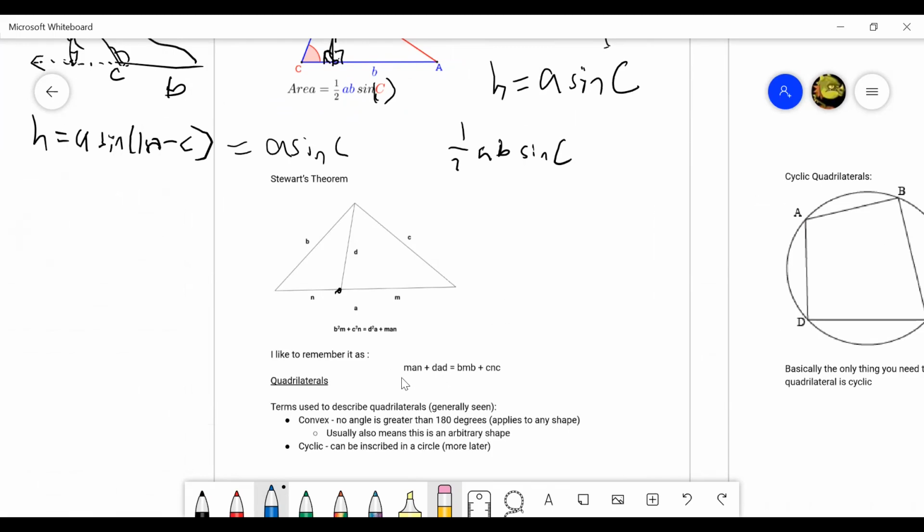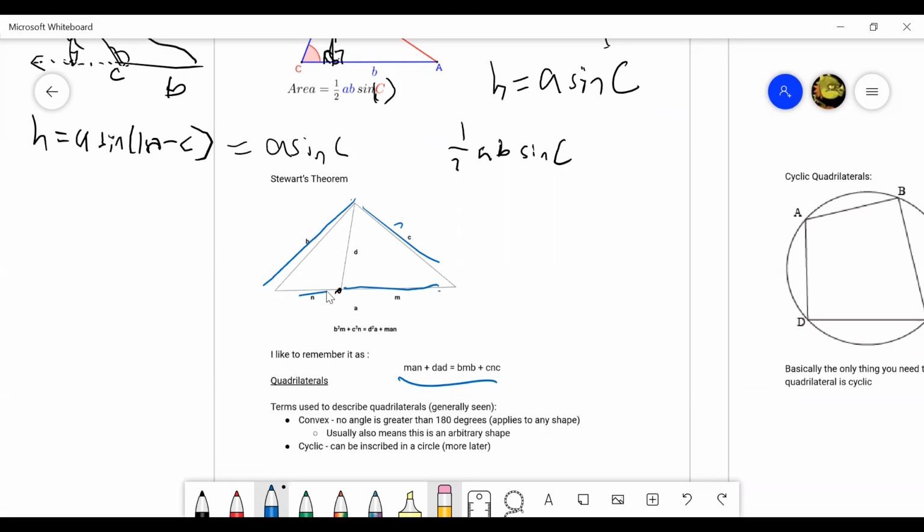Or I like to refer to it as this, "man plus dad, bomb plus sink," or whatever. But the idea behind it is that you take each of these sides and multiply it with the opposite. You square both these sides, multiply each with the opposite segment, and you add them. And that's one of them.